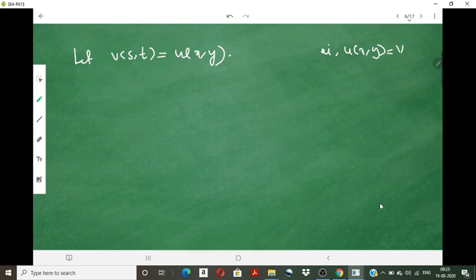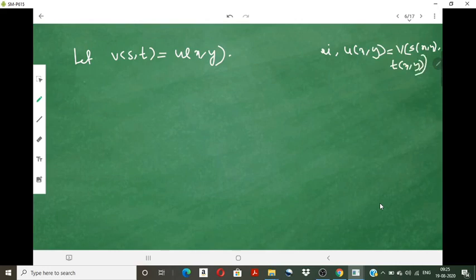So here we are taking the function v of s comma t is equal to u of x,y, that is, u of x,y is equal to v of s of x,y comma t of x,y.